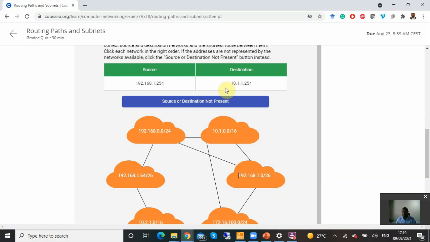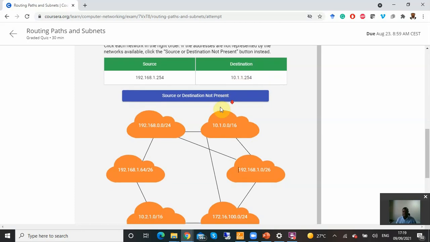Let's take a look at this one. This is 10.1.1.254. This 10 actually corresponds to this network ID. For the host, we have 1. They actually correspond for the beginning of the host.